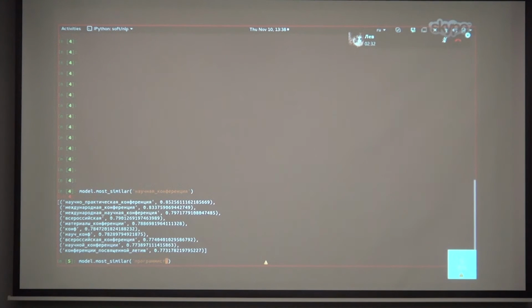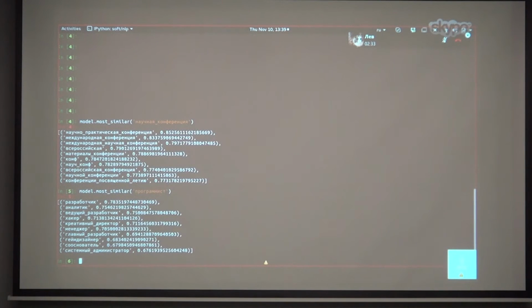So let's see the word программист first, software developer, software engineer. And we have some pretty reasonable nearest neighbors like разработчик, аналитик, ведущий разработчик, etc. And the request was for the word программистка, which is a female software engineer.